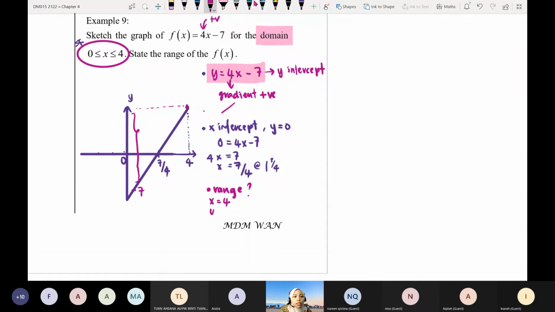Okay, so y equals 16 minus 7, what do you get? 9, right? Yes. Okay, so your answer is from what? We need to know the smallest value. So the 7 is the negative 7 from before.